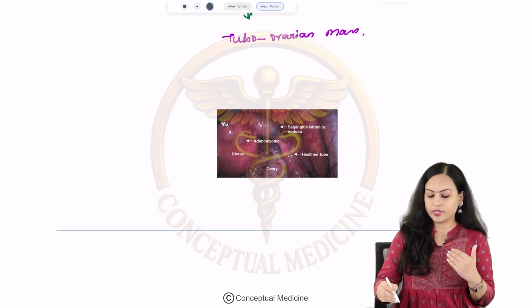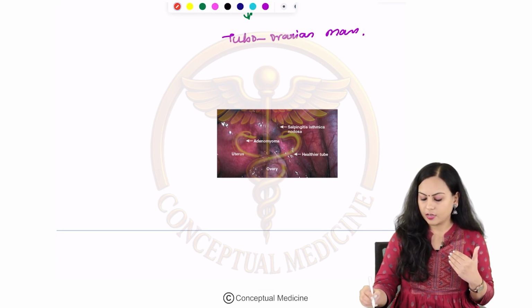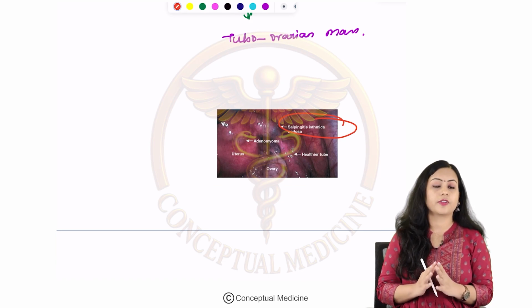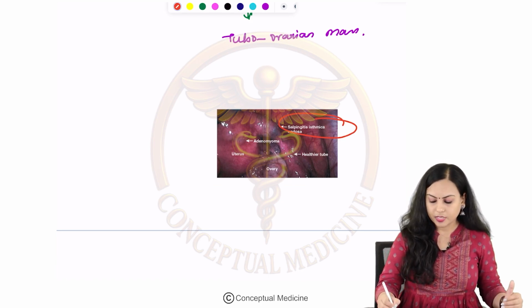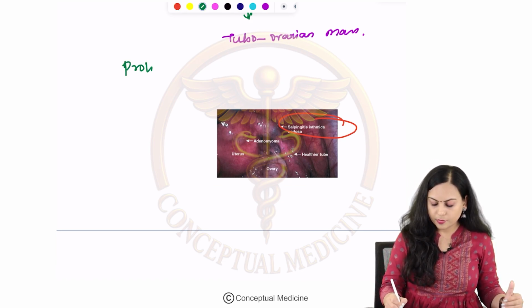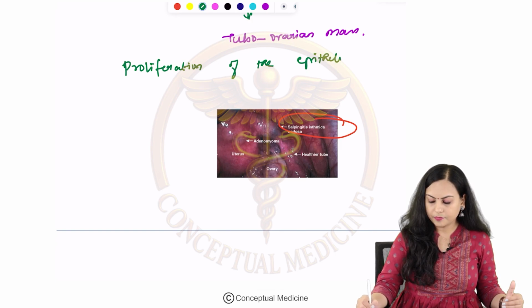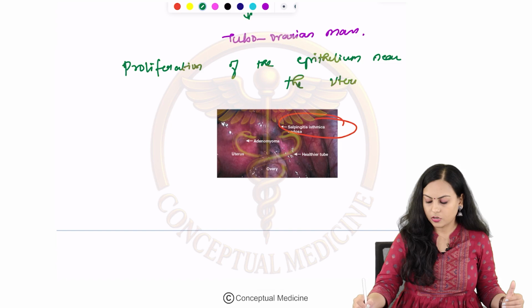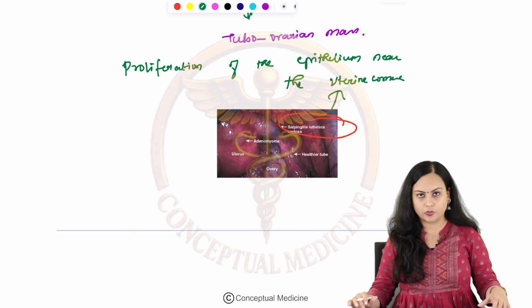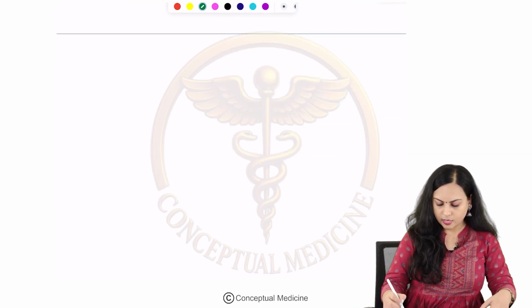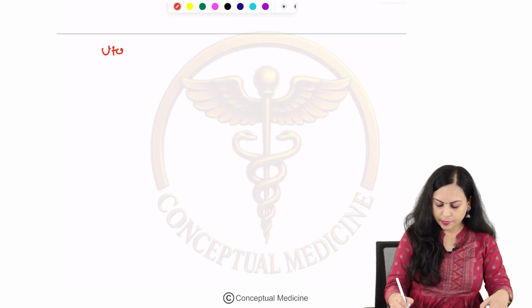So, the condition called salpingitis isthmica nodosa can also occur in case of fallopian tube tuberculosis. Here, there is proliferation of the epithelium near the uterine cornua. Okay, so this is salpingitis isthmica nodosa. Clear?